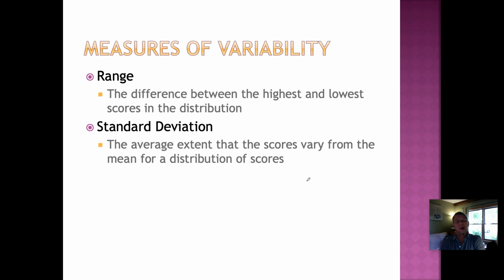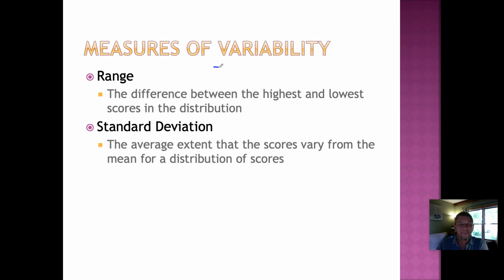There are 2 general measures of variability that we typically talk about here. The first is what we call the range. This is the difference between the highest and the lowest scores in the distribution.